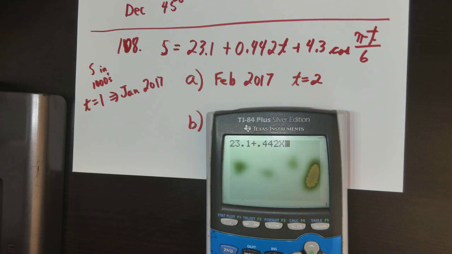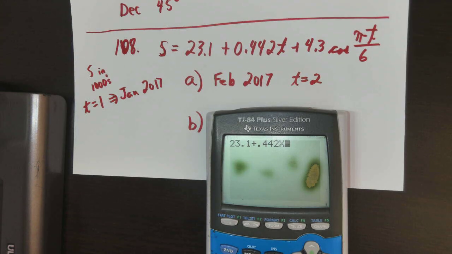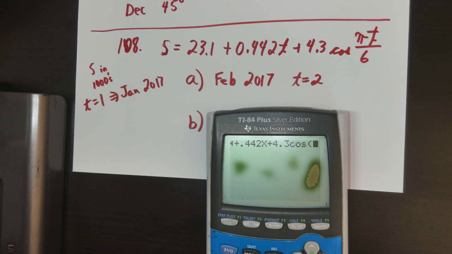Make sure I wrote that down right. Plus 4.3 times cosine of, now I'm going to put pi times x for the t divided by 6.